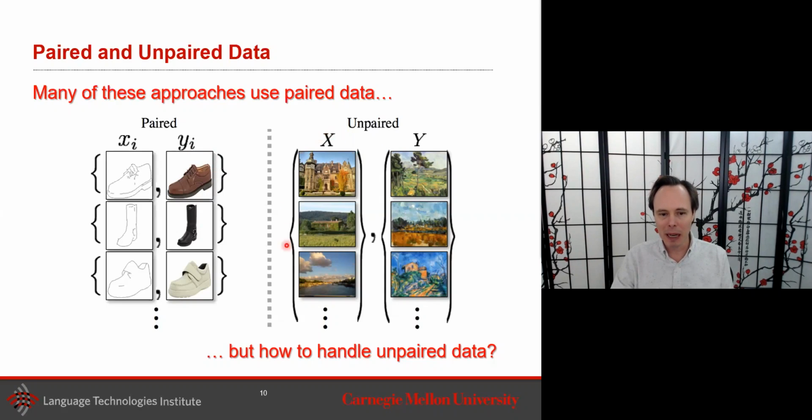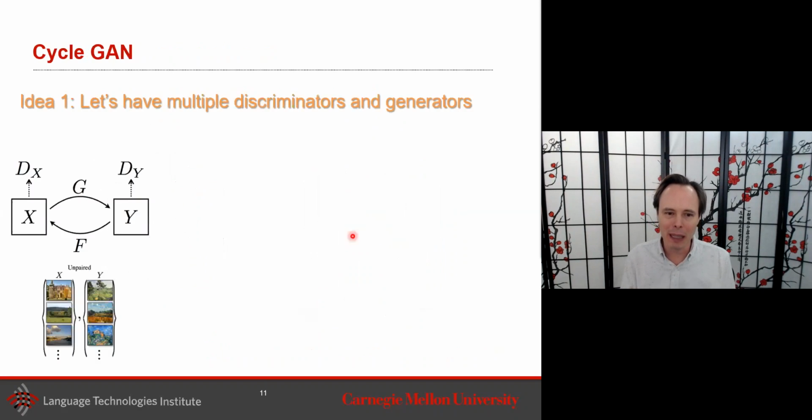But there are cases where I don't have the exact pairing. I have maybe a bunch of paintings by a specific artist and images of the real world, but I don't have the exact image of what they were painting. So how do you handle this kind of unpaired data?